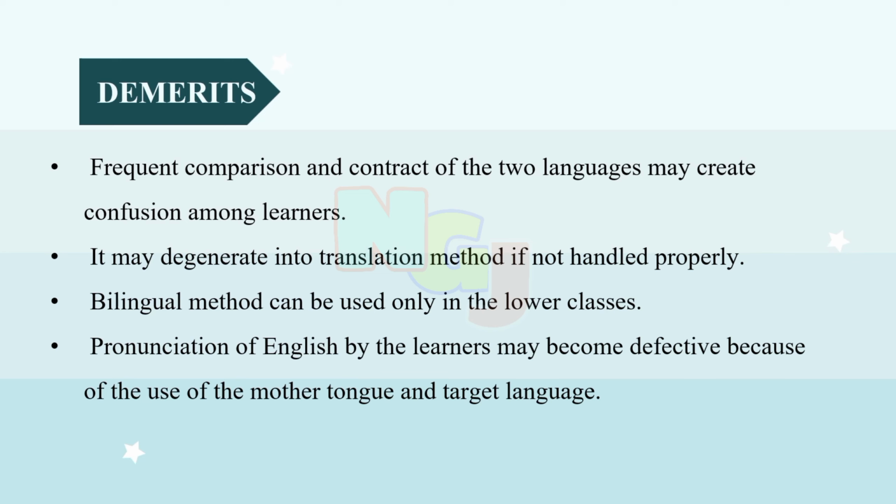And this bilingual method can be used only in lower classes and should not be used in senior secondary classes. And pronunciation of English by the learners may become defective if the teacher keeps on using mother tongue instead of target language. So these are the demerits of bilingual method.